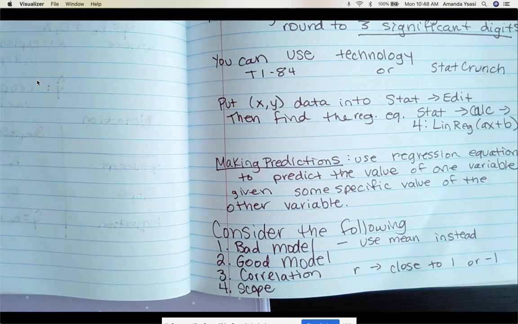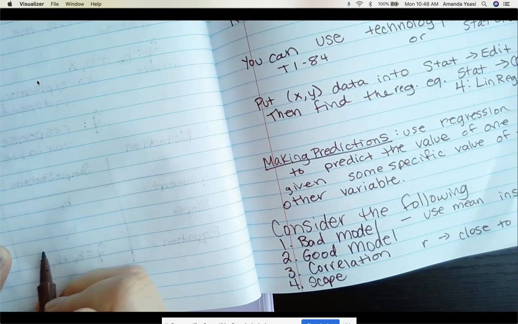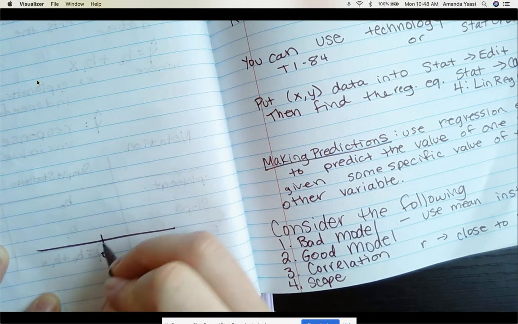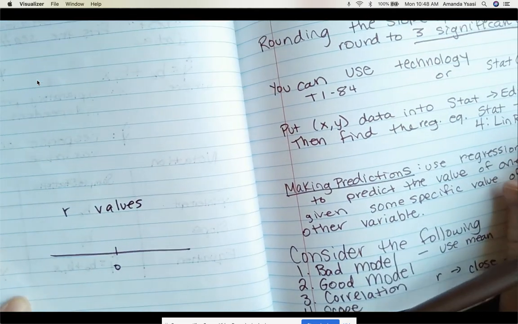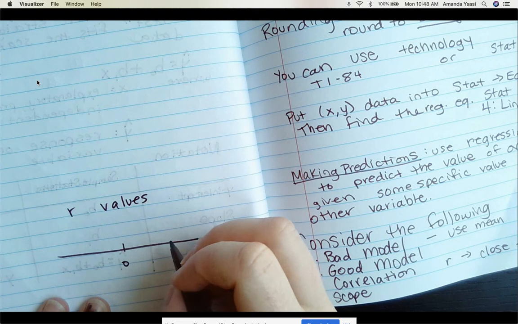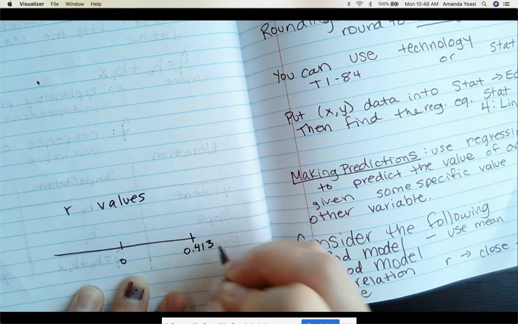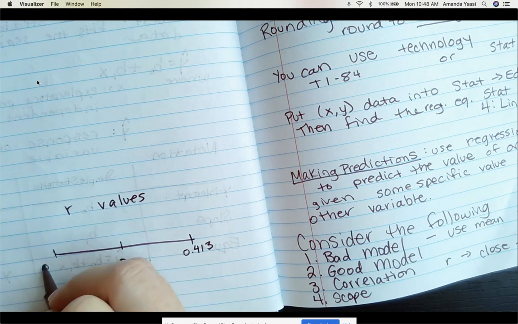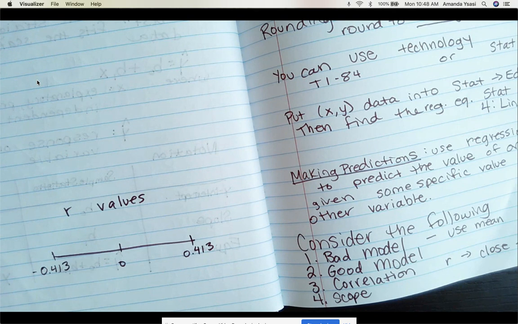Let me show you a little graph to represent what the r value should be. I'm going to put r values, 0 up until 0.413, which is a critical value, and negative 0.413 is another critical value.